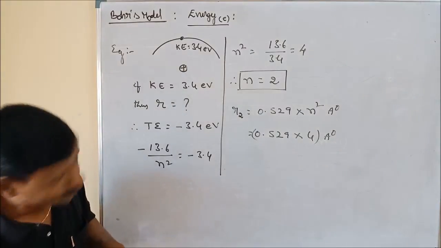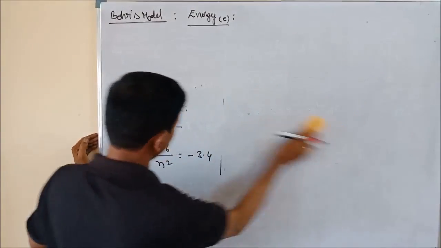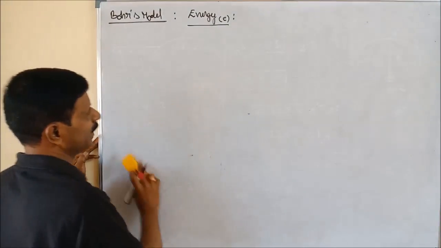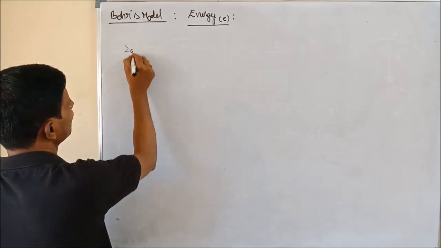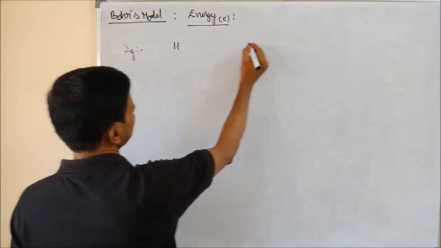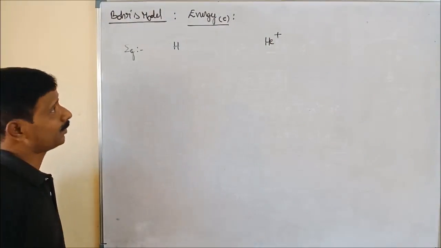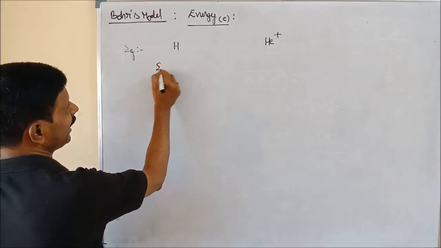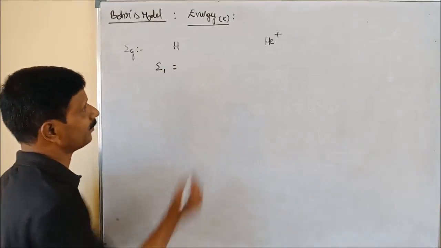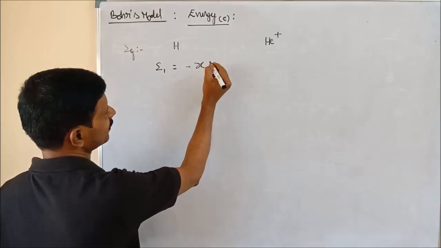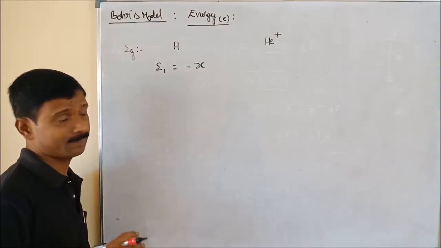And next, another model. See, here there are two atoms. For example, one is hydrogen and another one is He plus. Suppose the energy of the electron in first orbit of hydrogen atom, let it be E1, that is minus x, either in electron volts or in joules or whatever it may be.